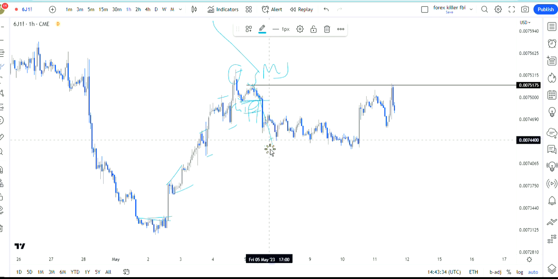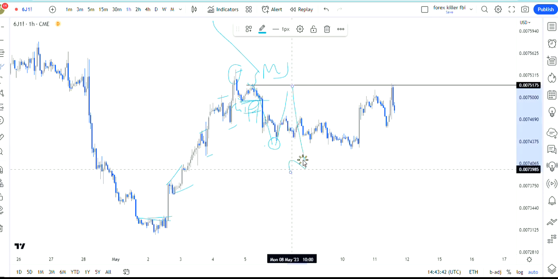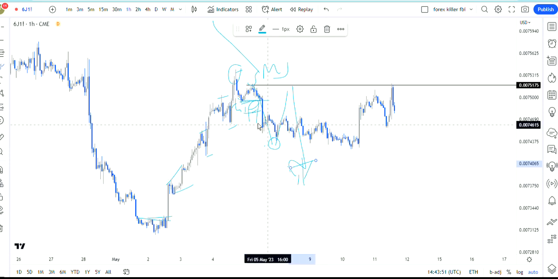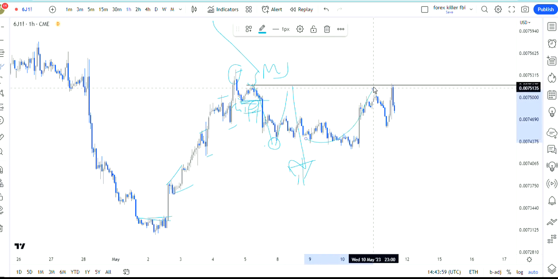Then after a certain interval, we will be back to the failure swing area, then we will continue selling and falling down. Now, as we see here, there is a market shift, which is a change of character. Then the market went back to the failure swing area.